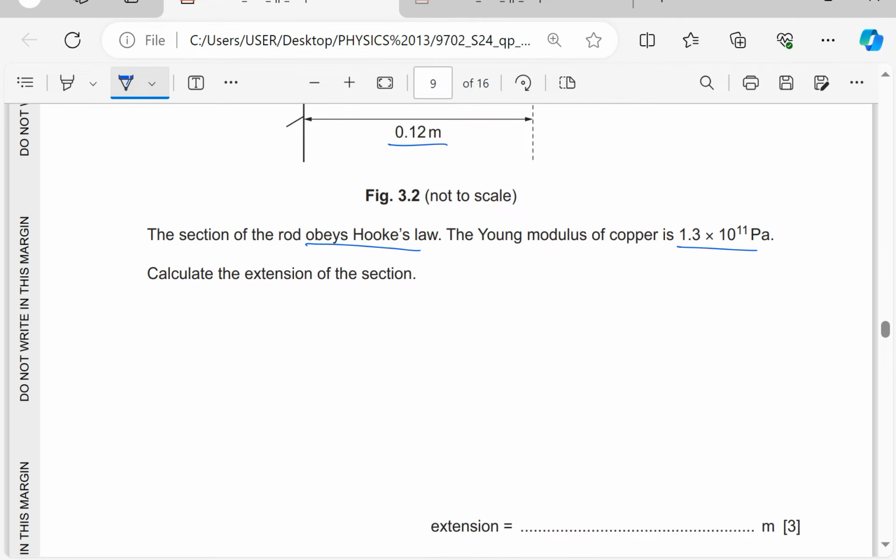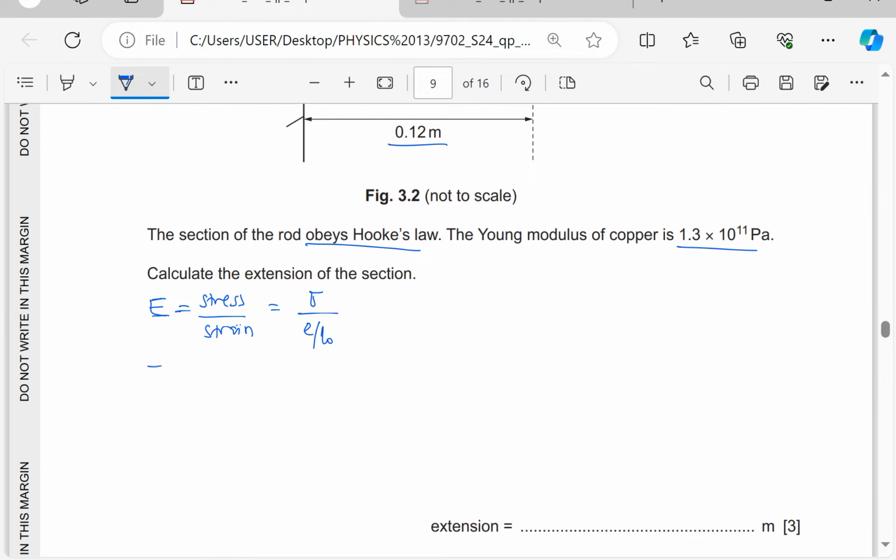We know that the Young modulus, my students normally use E for Young modulus, is equal to stress divided by the strain. Of course, the stress could be sigma. Also remember, strain is extension over original length.